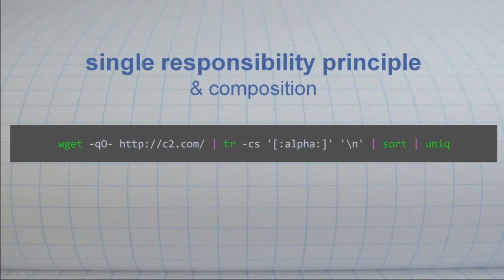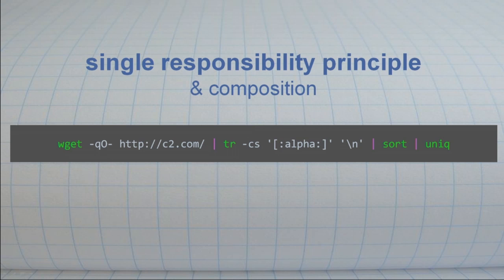Single responsibility principle, you probably know it. It says that each component should change only for one reason, hence it has only one responsibility. And if all the components are singly responsible for one simple thing, they can be combined to achieve more complex things.